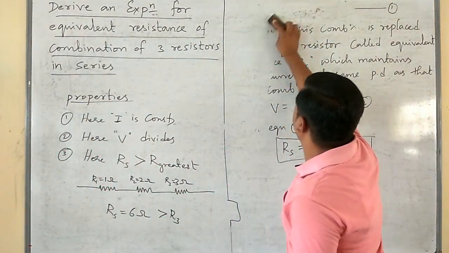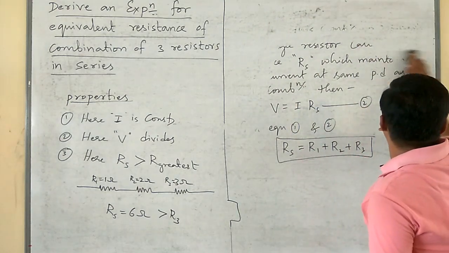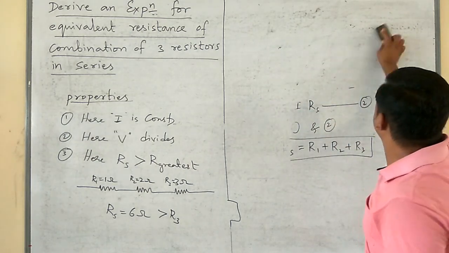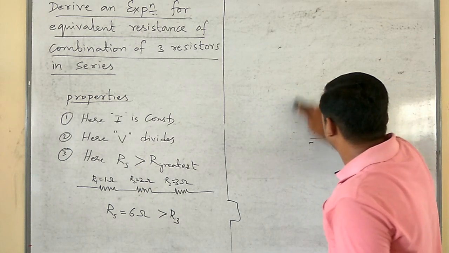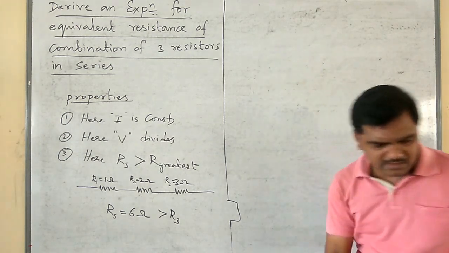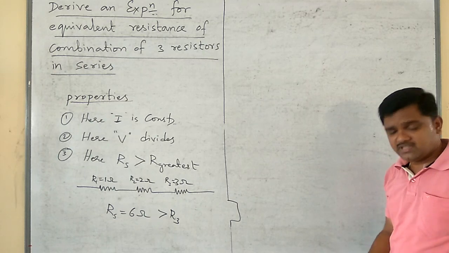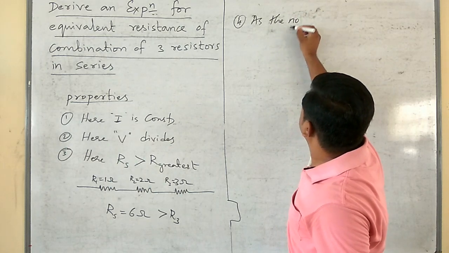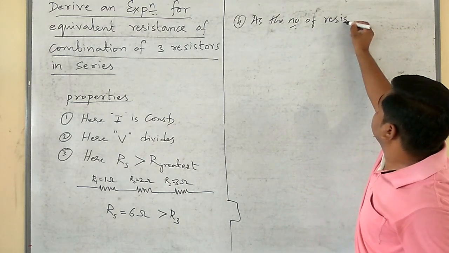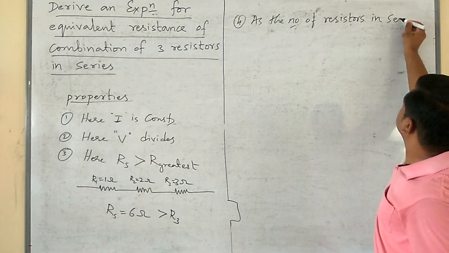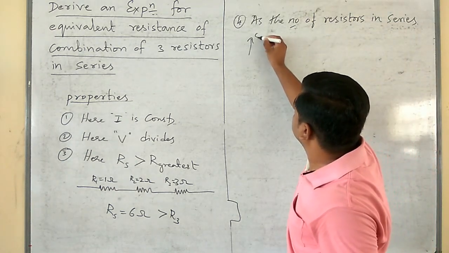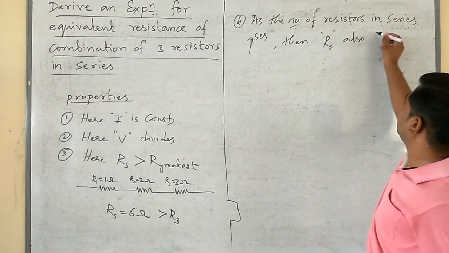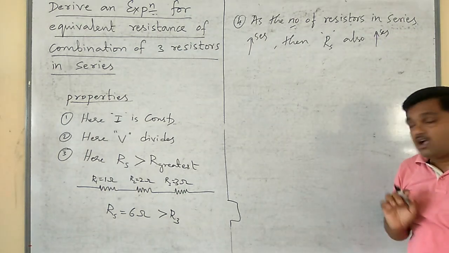So what happens to the value of Rs as the number of resistors in series increases? Rs also increases. Why? Because it is the algebraic sum. How?